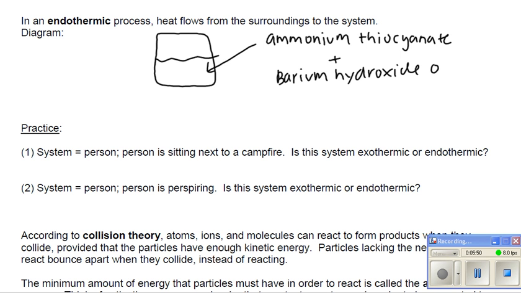It was octahydrate. That just means it has water molecules in between its structure.